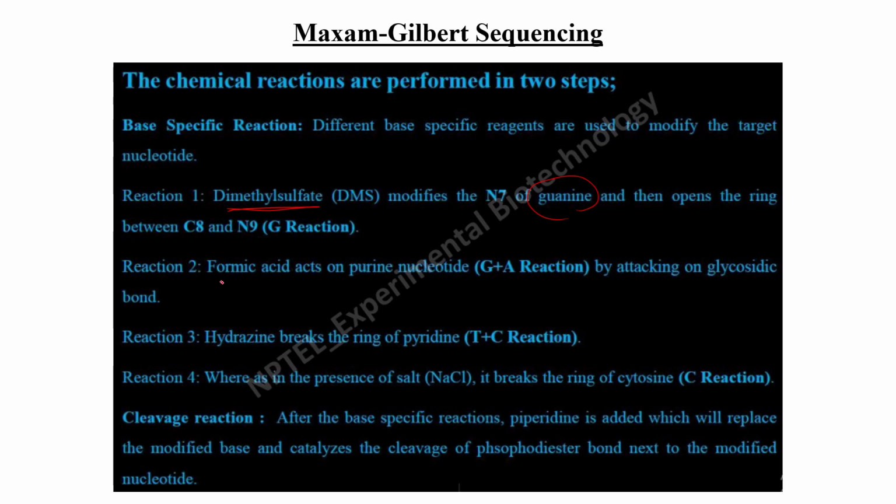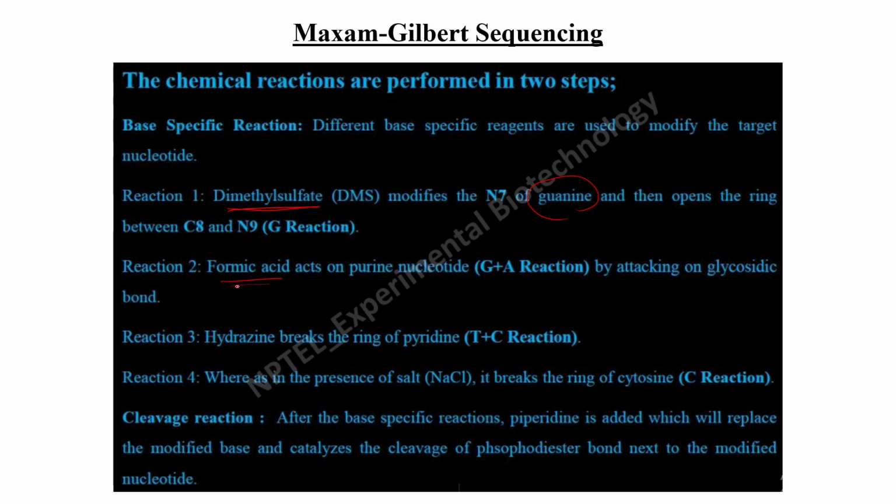Then the second reaction is with formic acid. What will formic acid do? Formic acid will basically act on the purine nucleotides. What are purines? Guanine and adenine are the purines. Thymine and cytosine are the pyrimidines.